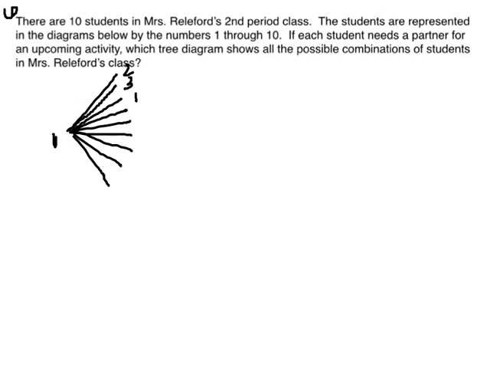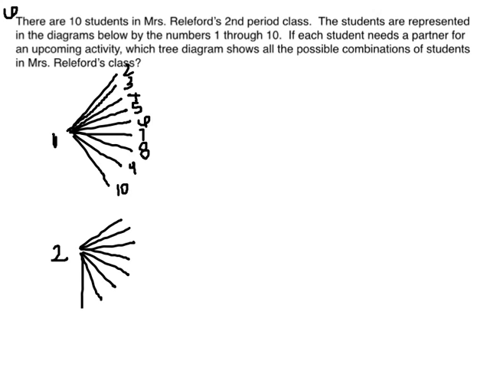Then, if student number 1 is already paired, number 2 could be paired with 3, 4, 5, 6, 7, 8, 9, 10.